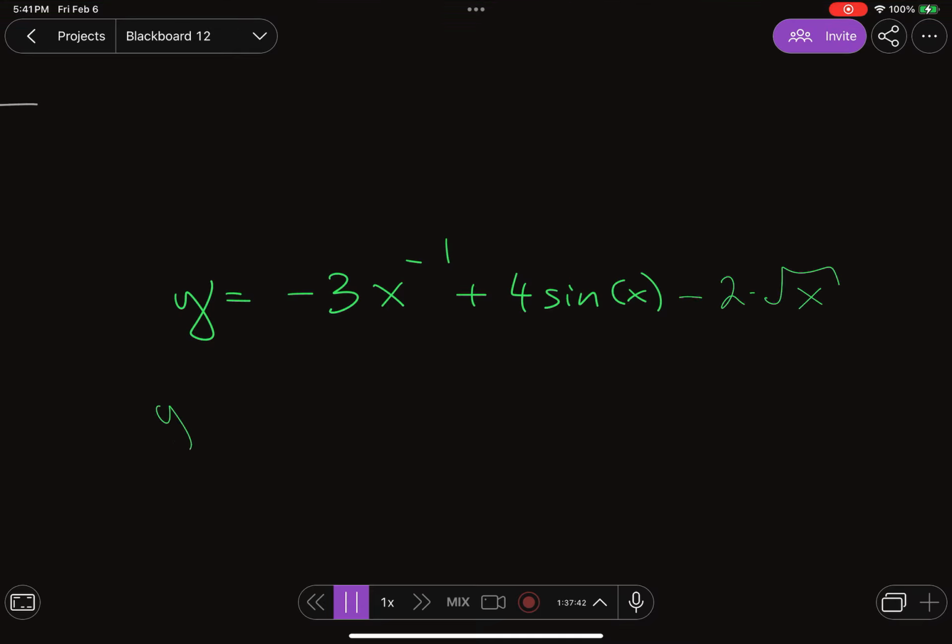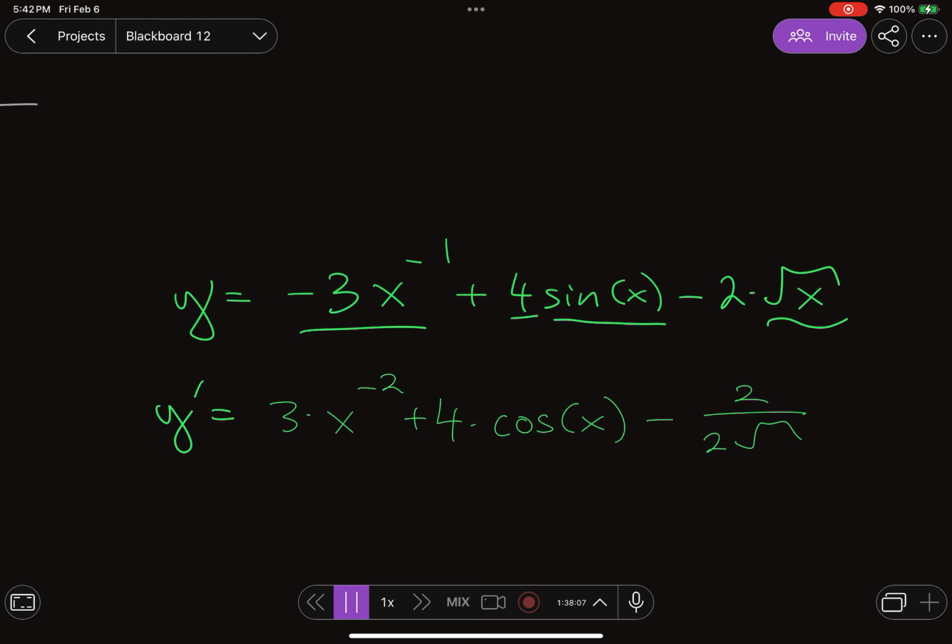We can find y prime using all this new knowledge. Power rule on this guy, that's going to be 3 times x to the negative 2. Constant multiple times a function. We know that multiple just hangs out, and we proved today that the derivative of sine of x is the cosine of x. And we also proved today that the derivative of the square root of x is 1 over 2 root x. So we have negative 2 over 2 root x.